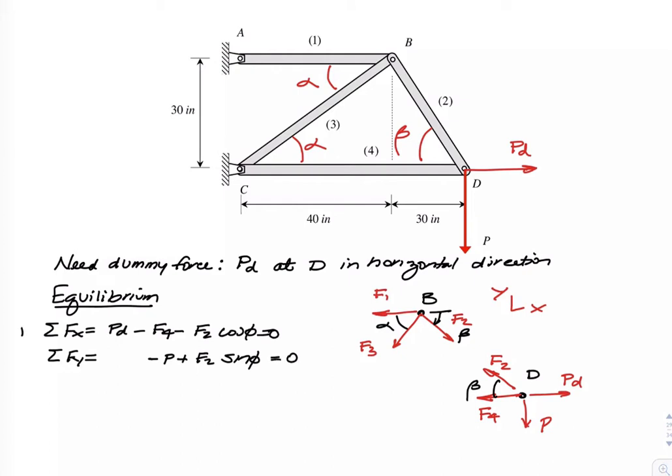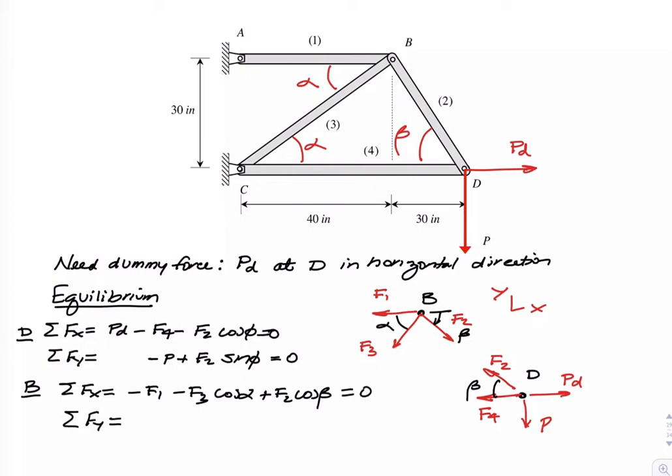If I look at joint B, then when I sum forces in x, I'm going to have minus F1 minus F3 cosine of alpha plus F2 cosine of beta. For equilibrium, that is a 0.